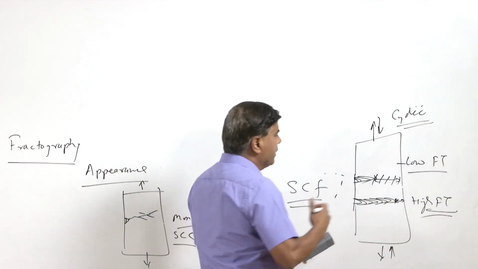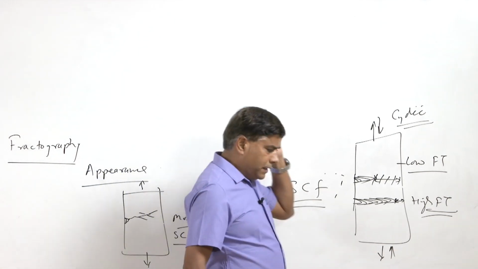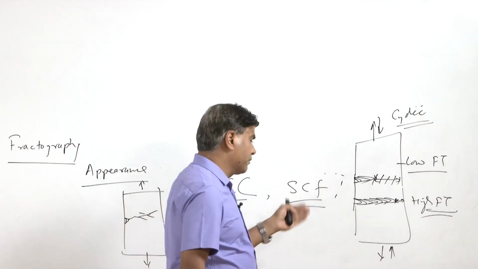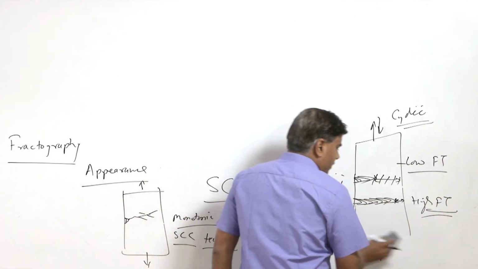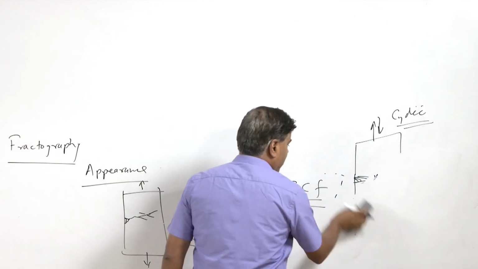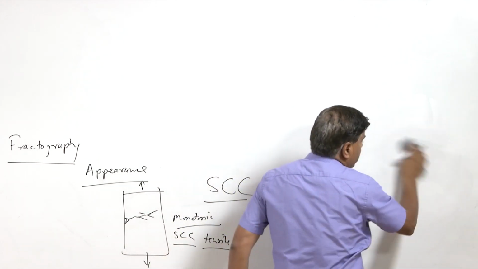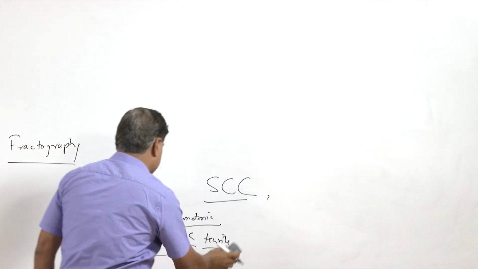So, depending upon the fracture toughness of the material, the third stage of catastrophic fracture will vary, and that will decide the extent up to which the crack can grow during the cyclic loading prior to the catastrophic fracture.